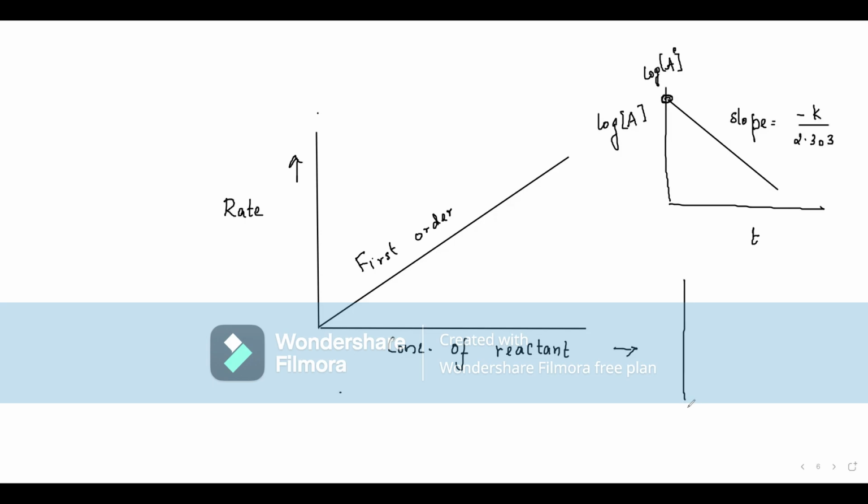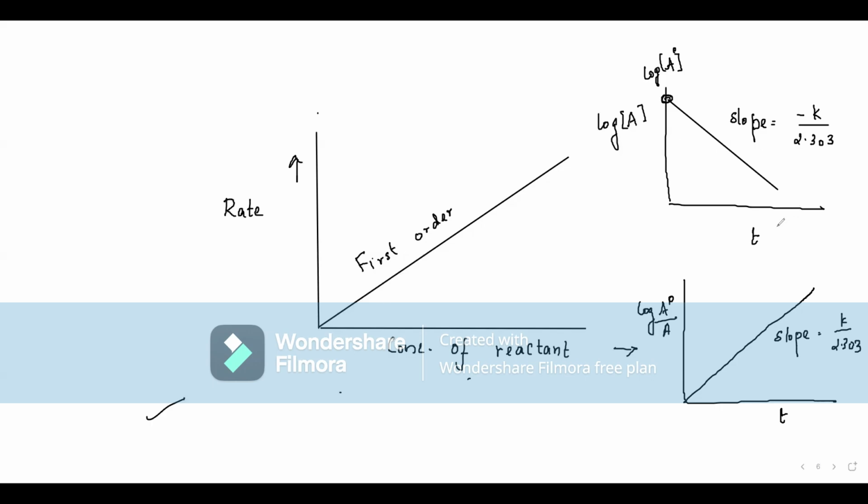Now, instead of this, suppose you're plotting log A naught by A against t, then your straight line is of this order. And here the slope is k by 2.303.